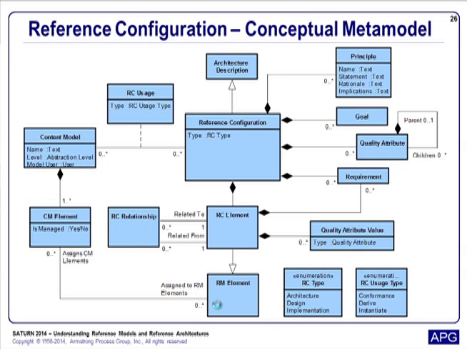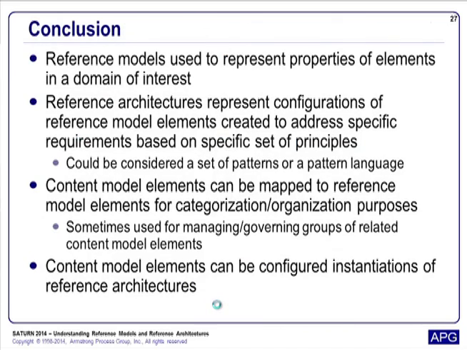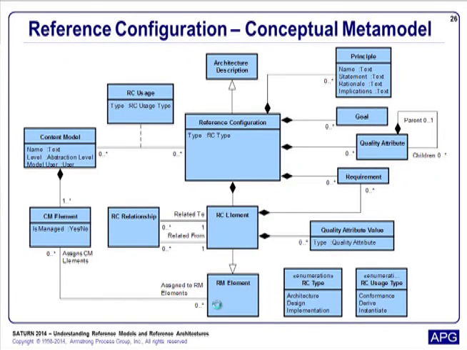And in fact, particularly when I look at how people like to use these things at multiple levels of abstraction, I came up with an idea that generically there's a thing called a reference configuration. And there are different types of reference configurations: architecture configurations, design configurations, and implementation configurations.